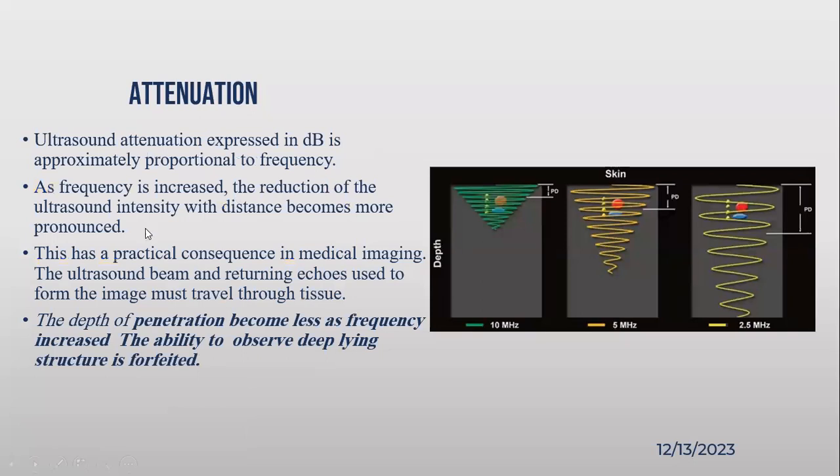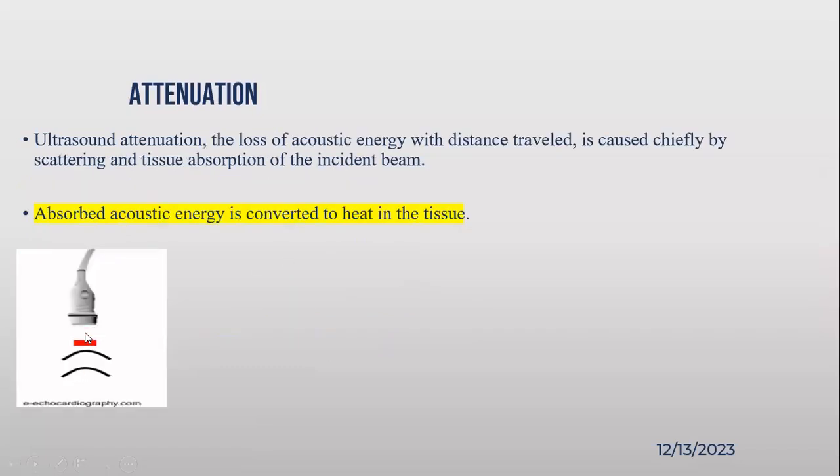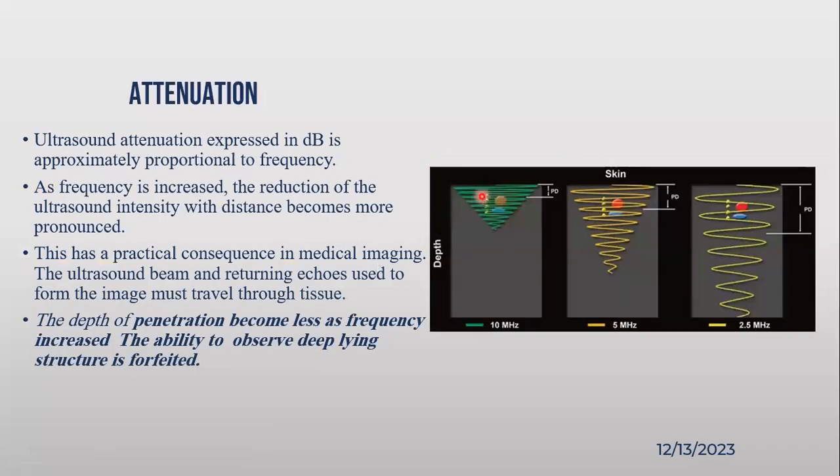And this is important. What does that mean? That means when you have ultrasound and you want to get details deep inside, you will send ultrasound with a long wavelength and low frequency. This is your skin, and this is your body.